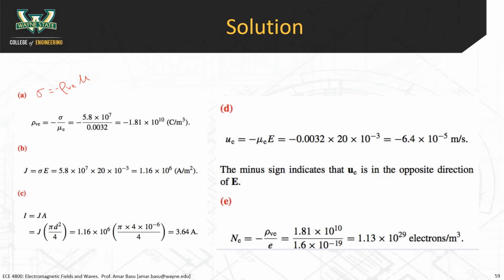How conductive a material is depends on how many charges you have in there, multiplied by how fast those charges move through the material. So we're given the mobility in this problem, so we're just solving for the charge density. So sigma divided by the mobility, you're given the sigma in MKS units, the mobility in MKS units, and you come up with the charge density. And the units for charge density is coulombs per meter cubed.